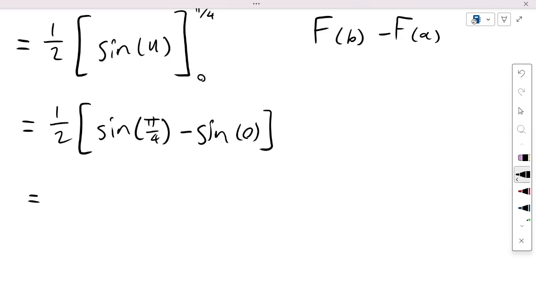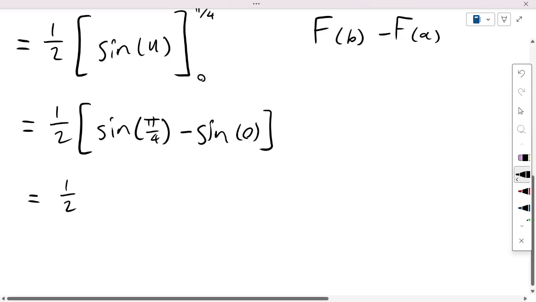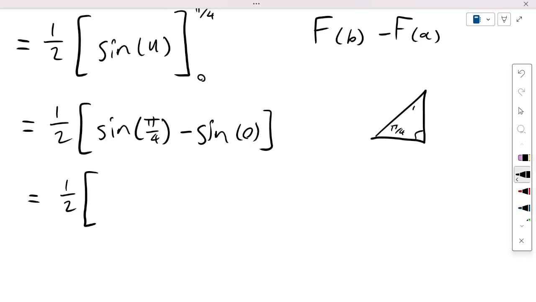What we note over here is this is going to be 1 over 2 into sine of pi over 4. If we look at our special triangles, we have the pi over 4 special triangle with sides 1, 1, and root 2. So sine of that is the opposite over the hypotenuse, which is 1 over root 2.